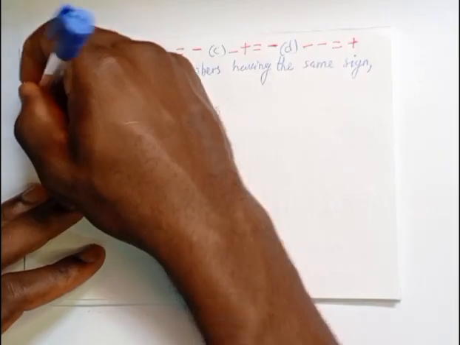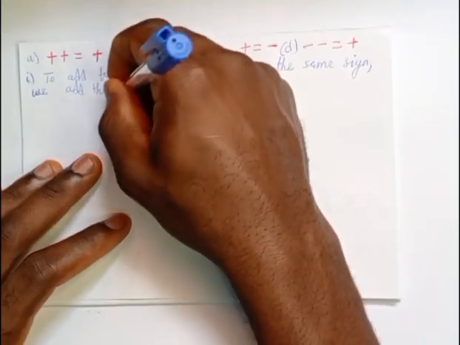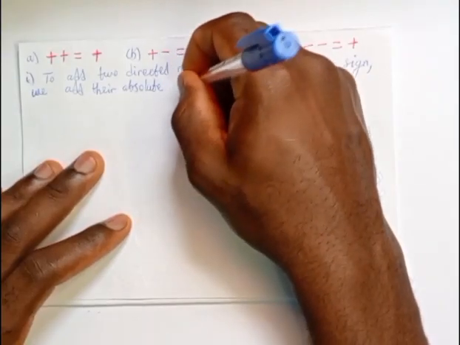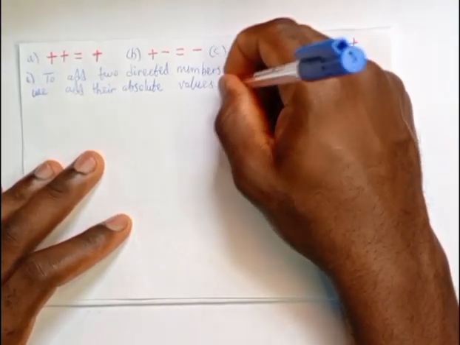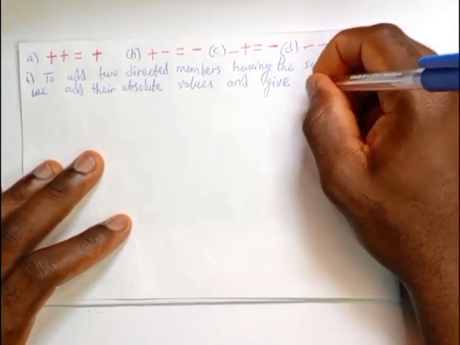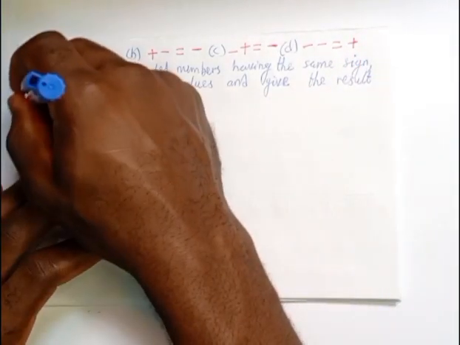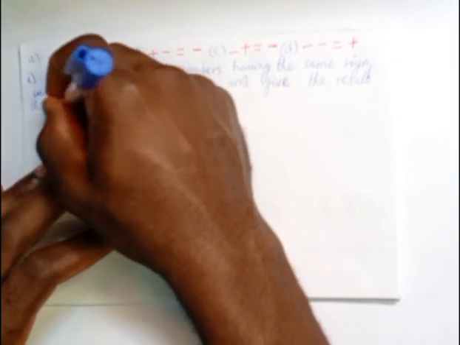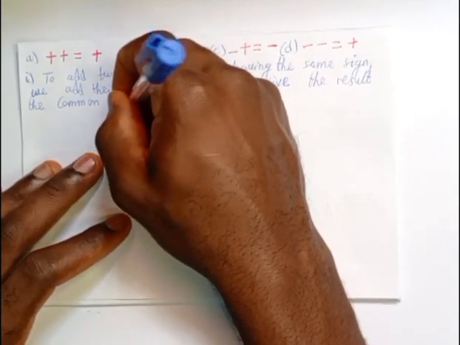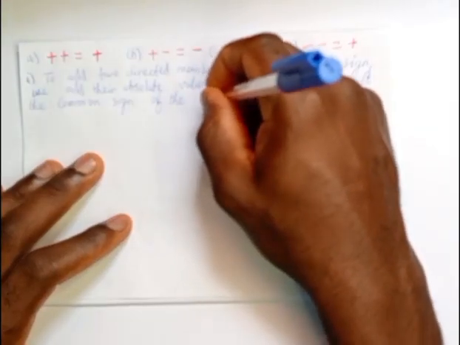We add their absolute values and give the result, that is the sum of the absolute values, the common sign of the two numbers.